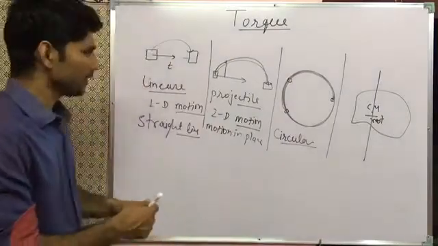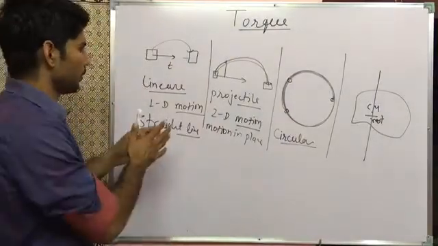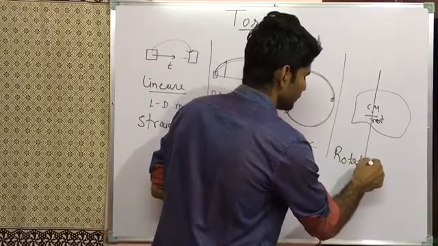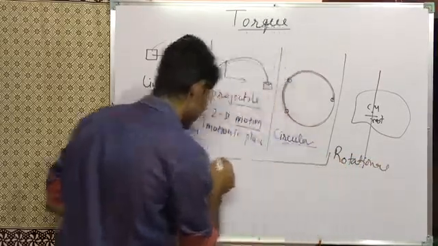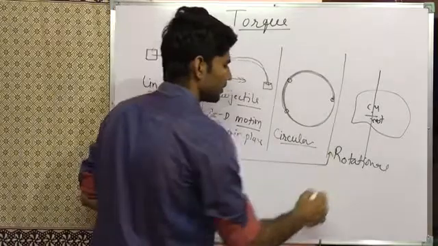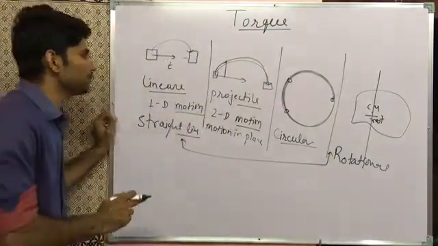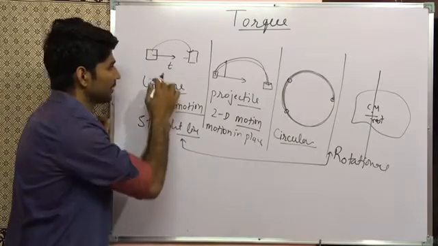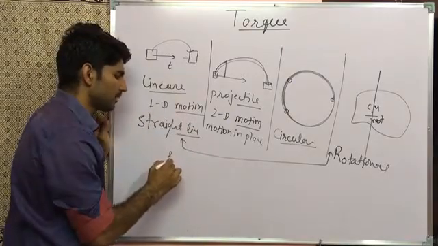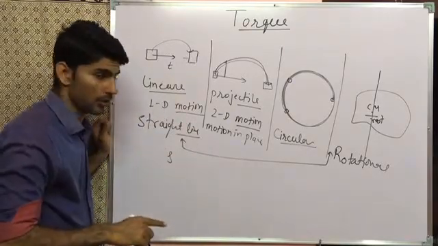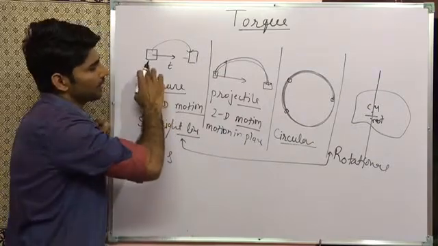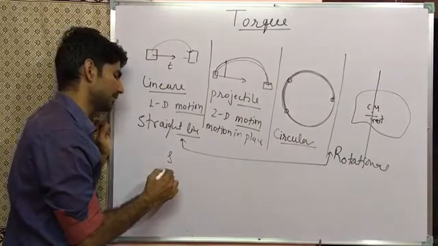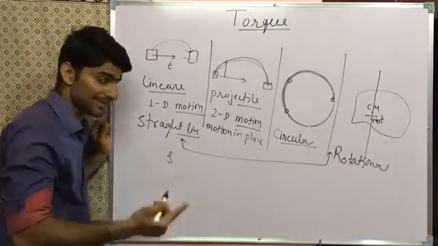So here we will compare. First I write the name. We will compare the first and fourth case here. In the first case, if this object changes its position from here to here, we say it shows a displacement, which we represent by small s, and if it shows some displacement within time t, then we say the displacement is changing.